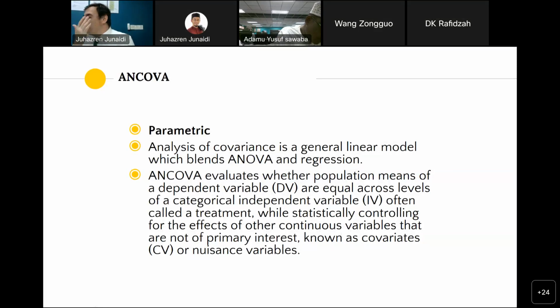What is a covariate? Let's clarify what the covariate is. Would you think that the previous skills, the previous knowledge of students could affect the final achievement test after a specific treatment?